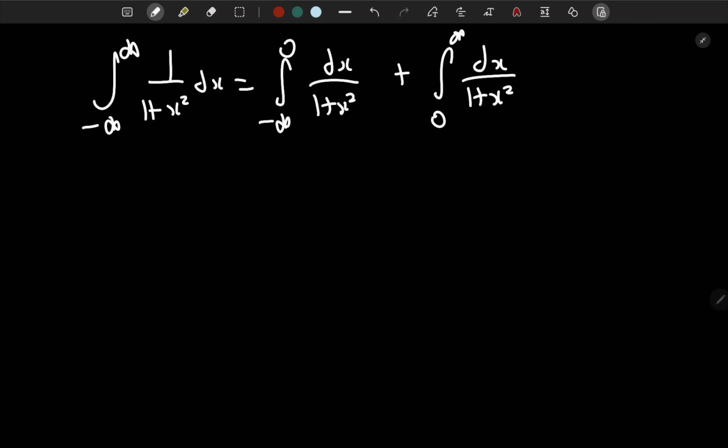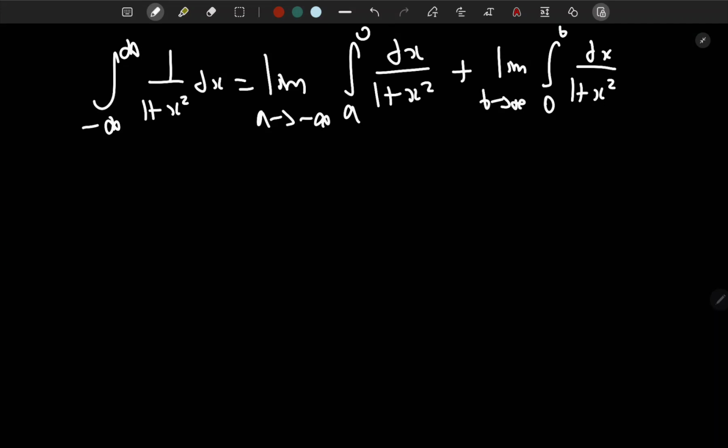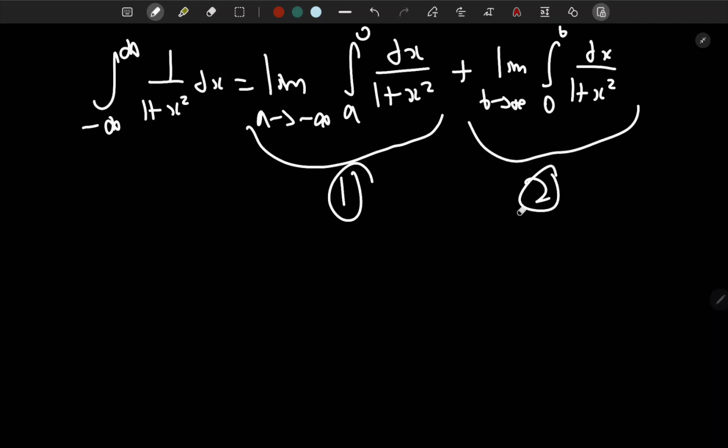I just chose 0 since it's the easiest. So now you can write the limits also. Let me write it with the limits. So here are the integrals with the limits, and now I'm going to divide these into two parts and integrate them separately. So this is going to be case 1, and this limit is going to be case 2.